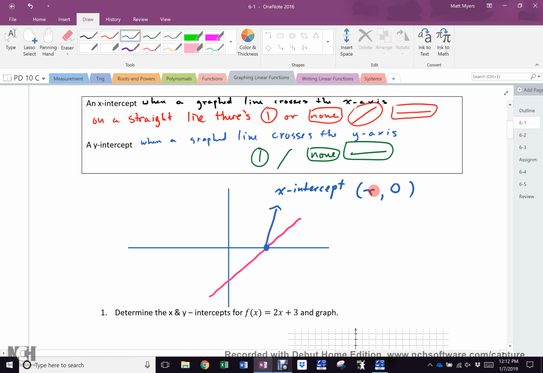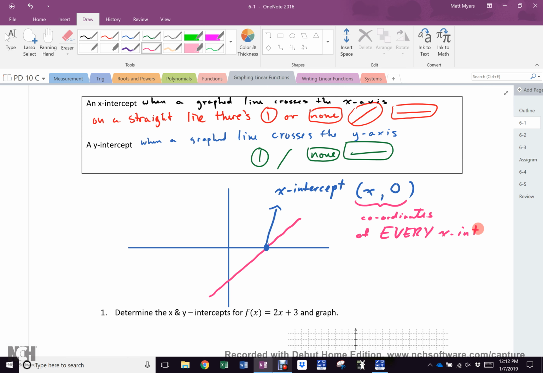I can write X because I have no idea where I am on the x-axis, but I know I am exactly 0 on the y-axis. This is the coordinates of every x-intercept. It is always x comma 0 because you have no idea where it is on the x-axis, but you know that it is 0 on the y-axis.